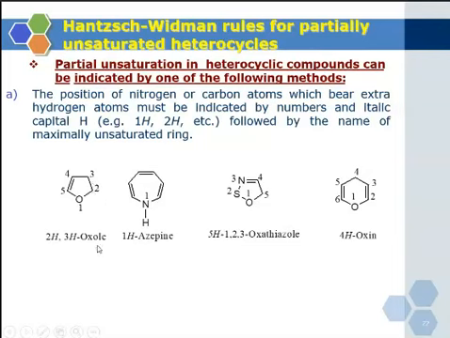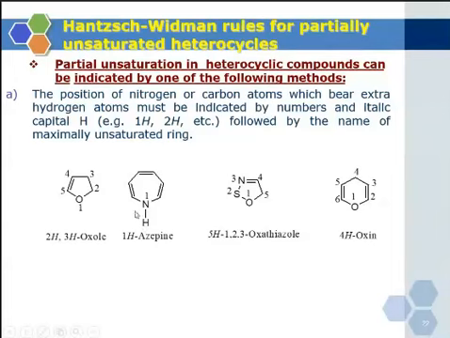Hence 2H, 3H, oxole. Oxole is the name of the maximally unsaturated ring. However, the unsaturated ring is taken and its positions 2 and 3 are saturated. Hence, 2H, 3H oxole.